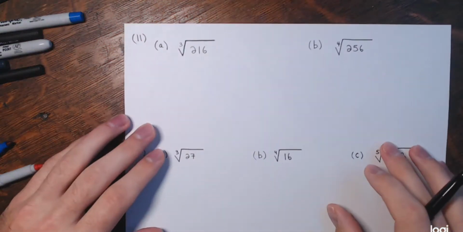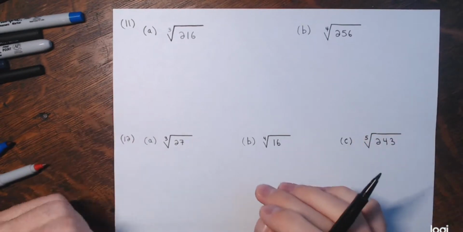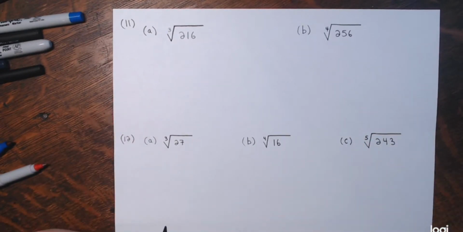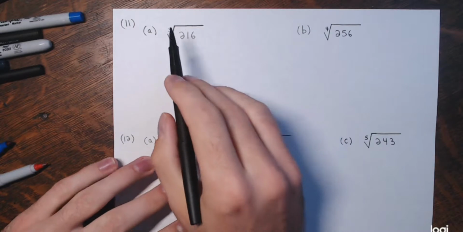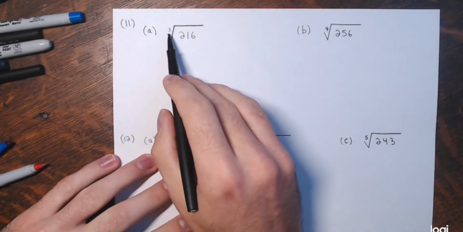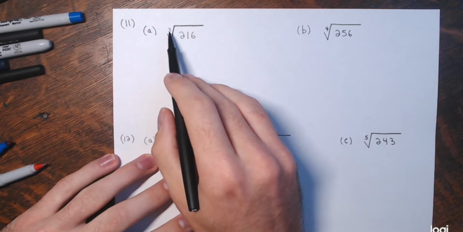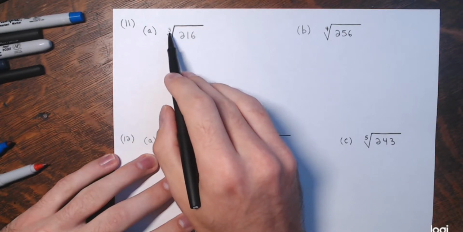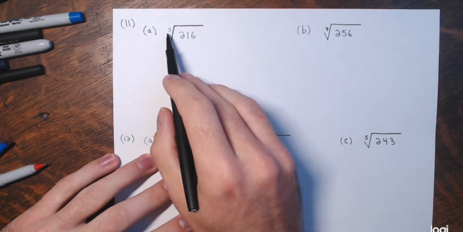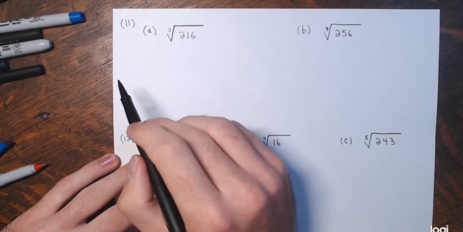Okay. Now, those were all square roots, right? Examples 1 through 10. Example 11, we start getting into higher roots. So you really got to pay attention to the index, the number inside the little crook of the radical symbol. So this is a cube root.